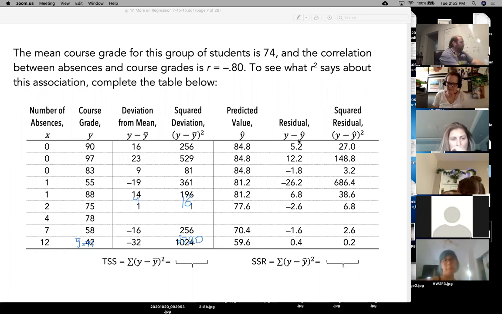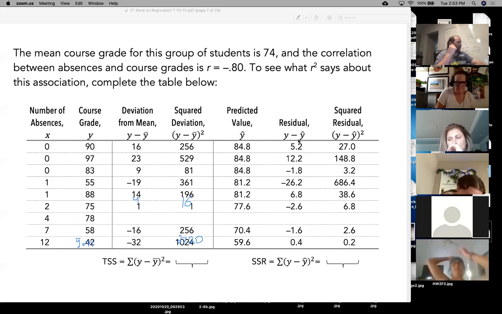Absences is your x value. When you put the absences in as your x, what comes out of the equation? What's your y value? The predicted course grade. So for the first example, what do we get?